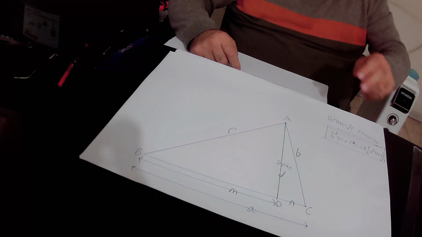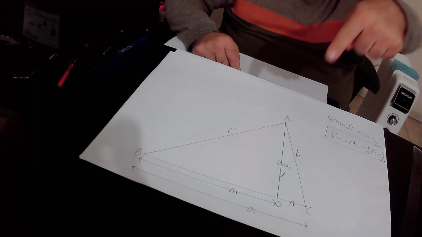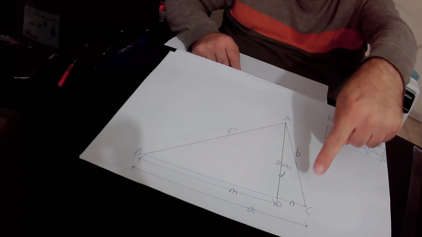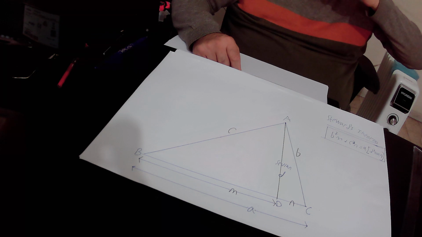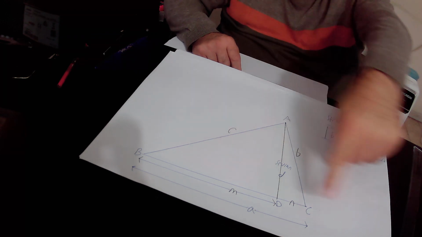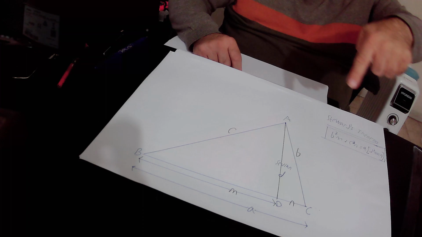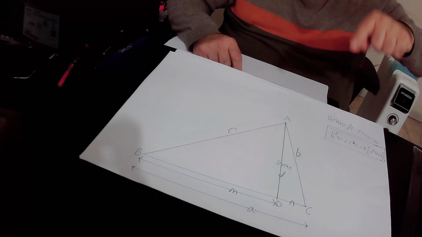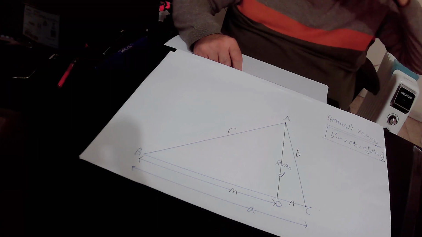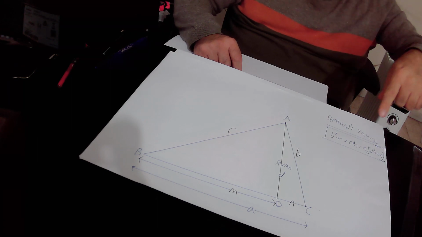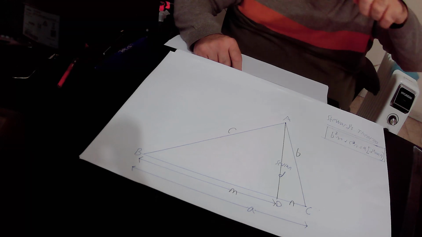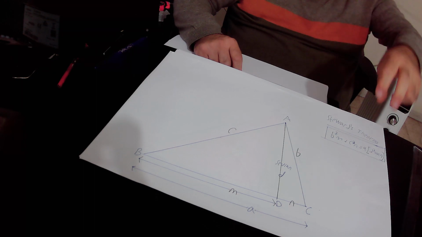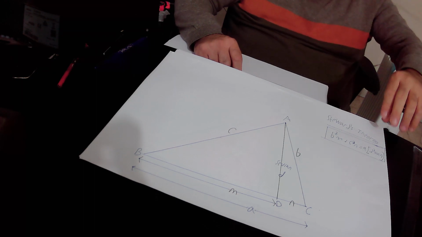And according to Stewart's theorem, b squared times m plus c squared times n equals a, and we open the brackets. Inside the brackets we have d squared plus m times n. So we proved that this equation is true in two different methods.